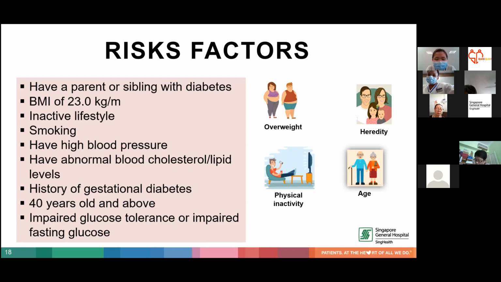Age 40 years and above also precipitates a major risk factor, as well as impaired glucose tolerance, which I will share more about regarding the lab tests and diagnostic tests to find out whether or not you have diabetes.